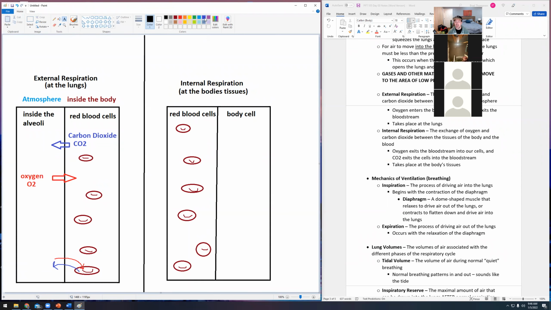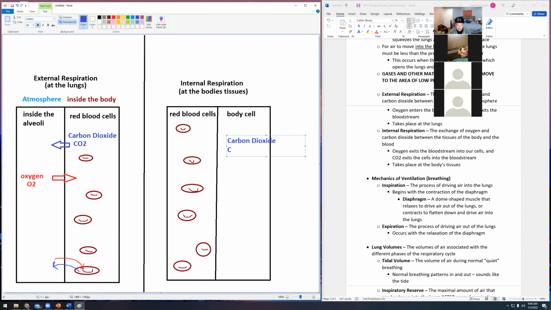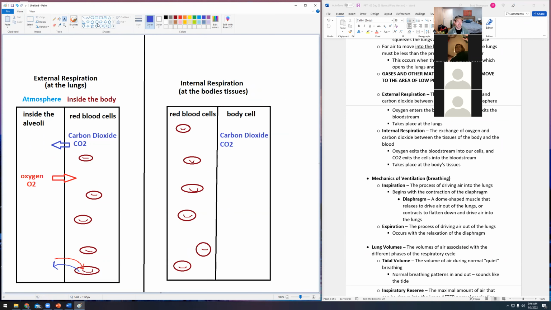Your cells just got finished producing energy. So they are going to spit out carbon dioxide, or again, CO2, and they're going to spit out that carbon dioxide from the cell, and it's going to go over into the red blood cell. It's going to pass through the walls between that body tissue and the capillary.